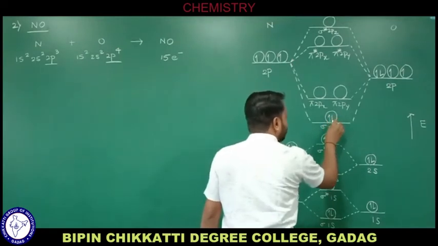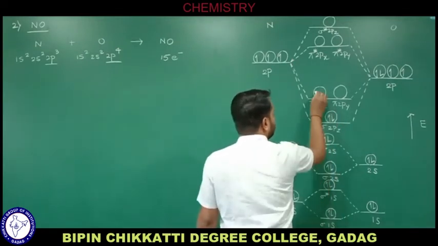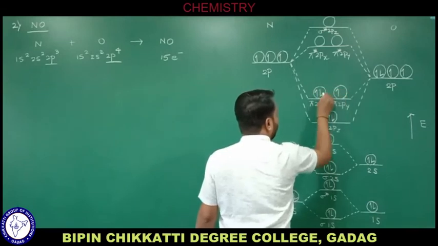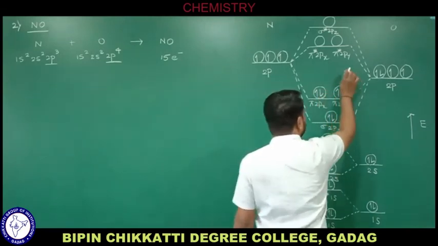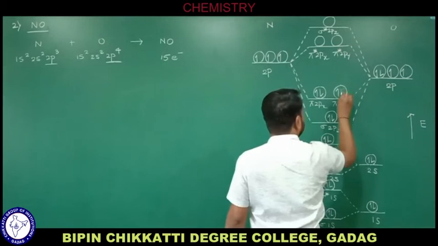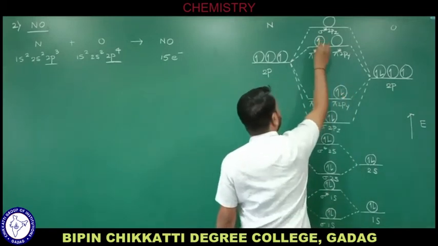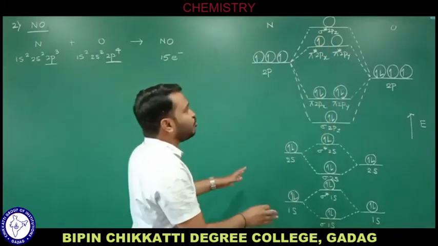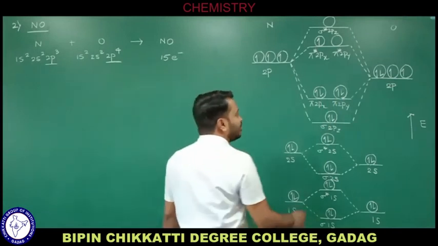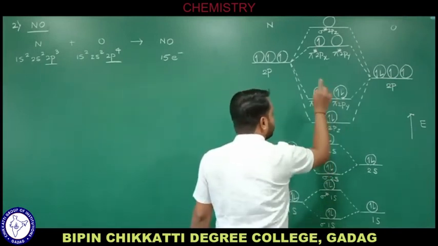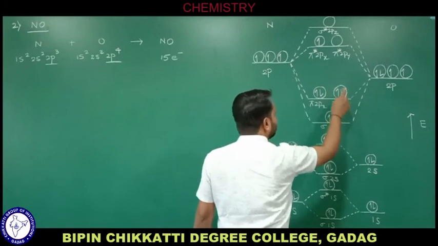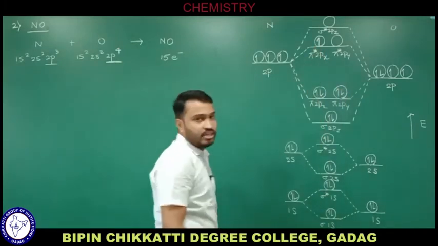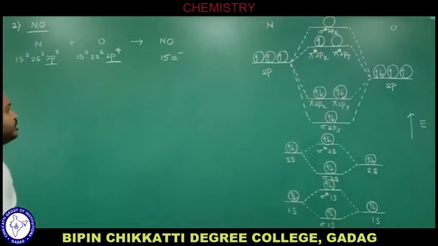Out of 7, 2 go to the lower orbital, and 5, 6 and 7 will be in the pi star. So pi star 2px has 1 electron. That is how I filled the 7 electrons: 1, 2, 3, 4, 5, 6 and 7. That is how the electronic configuration has to be filled.